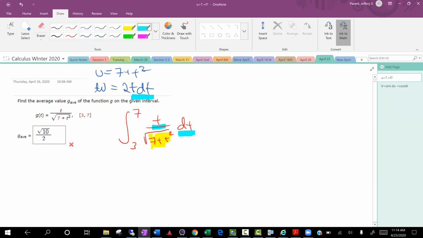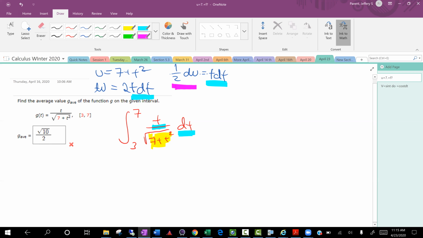So what I like to do is solve for what I have in the integral. I'll divide both sides by 2, or multiply by 1/2, and I get 1/2 du equals t dt. Okay, that's perfect. So I can make an exchange. This is my t dt, and I can directly substitute in the 1/2 du.